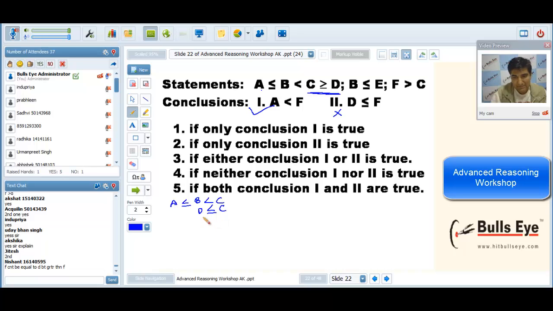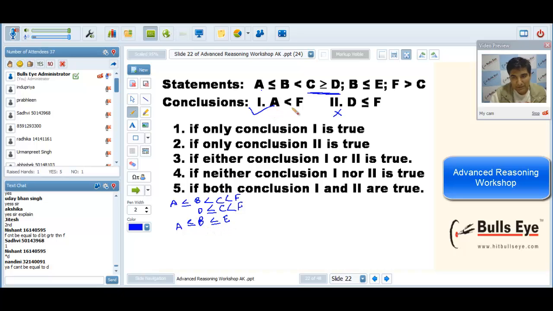I am managing this. Now we have B is less than equal to E. B is less than equal to E, and we already have A is less than equal to B. Now F is greater than C can be written as C is less than F. Now I have all the signs in one direction.